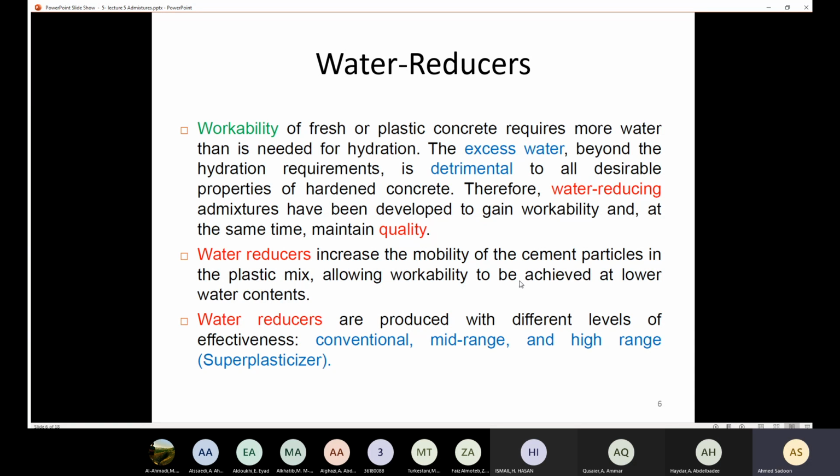There is no need to increase the water content if I'm going to use the water reducers. The water reducers have many levels. We have the conventional level, the mid-range level, and finally the high-range level, which is known as the Superplasticizer. And nowadays, we use the Superplasticizer in our daily life when we deal with concrete.